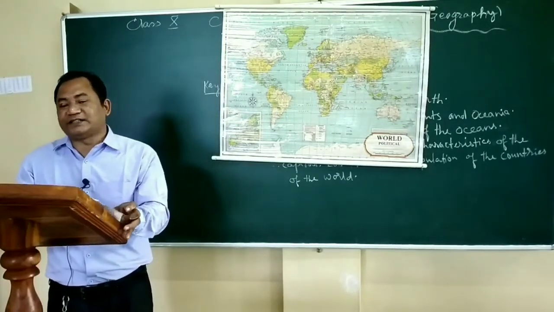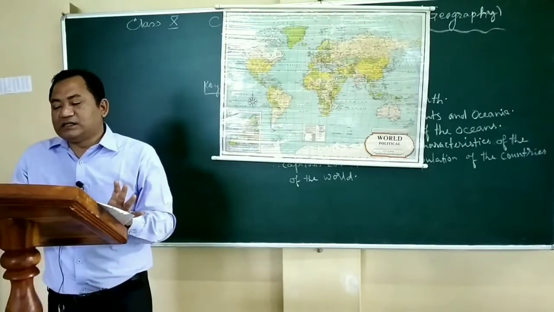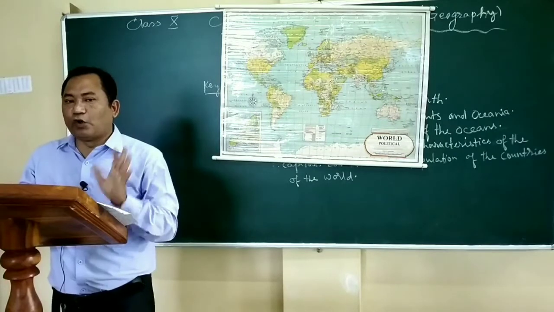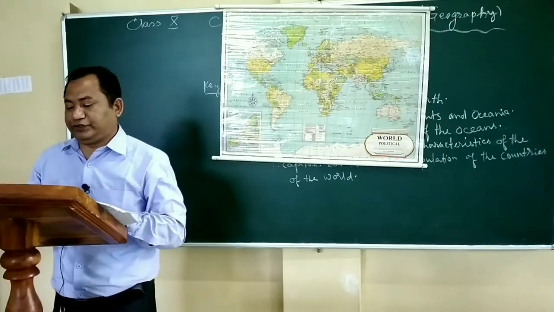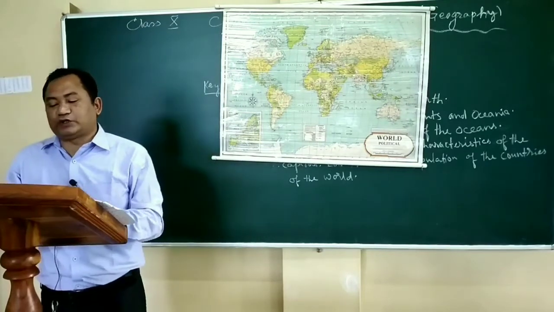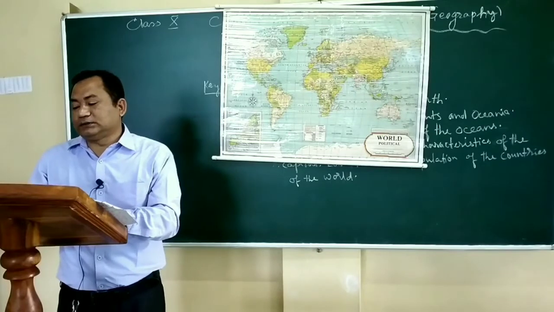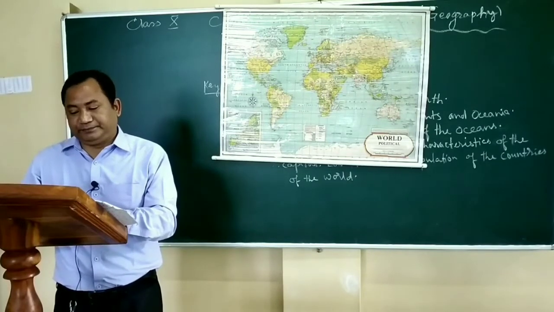The formation of this Tethys Sea divided the Pangaea into two parts in north and south directions. Its northern part is called Laurasia and the southern part Gondwana land.